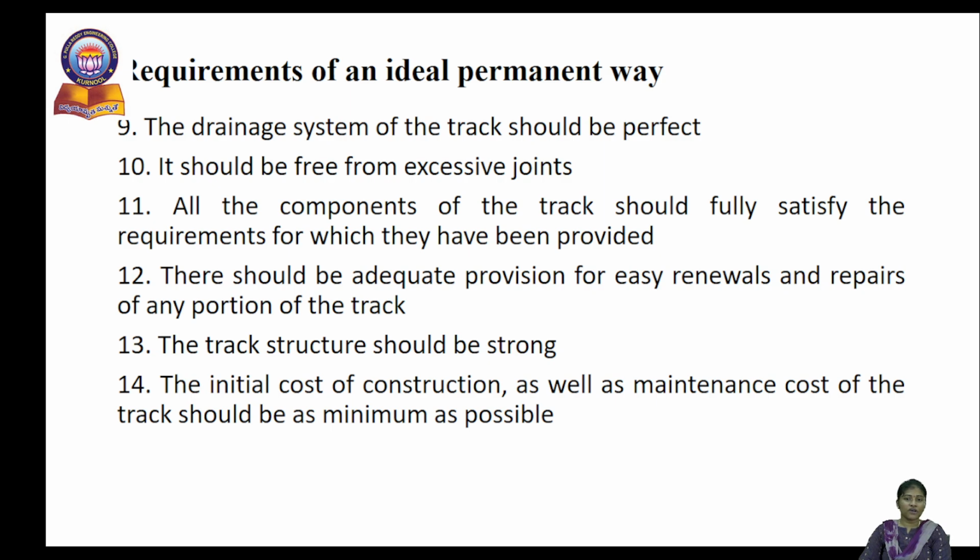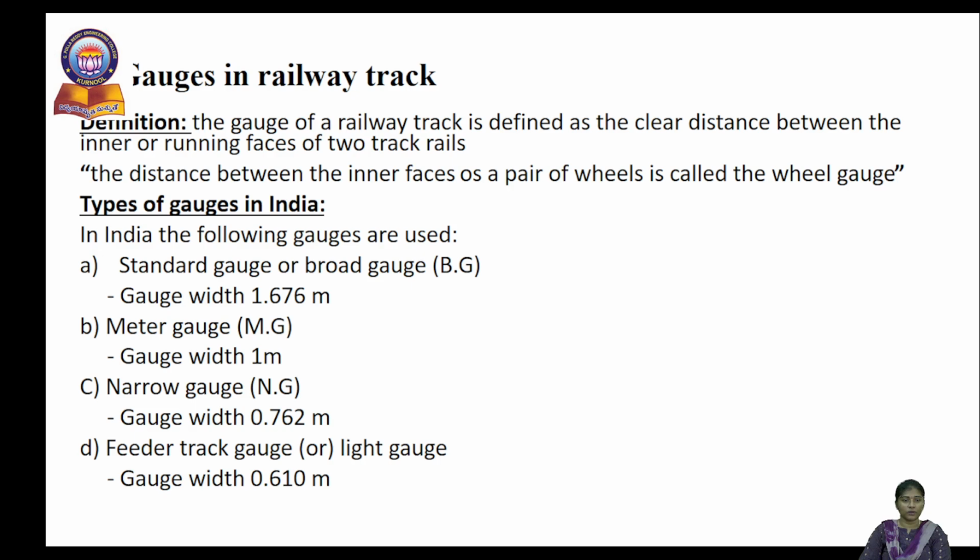All components of the track should fully satisfy the requirements for which they have been provided. There should be adequate provision for easy renewals and repairs of any portion of the track. The track structure should be strong. Initial cost, maintenance cost and operation cost, that is, the overall cost, must be as minimum as possible.